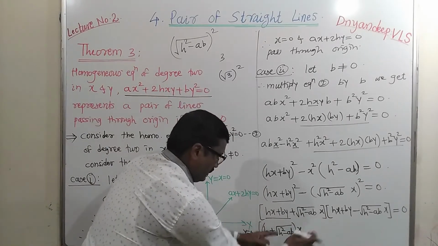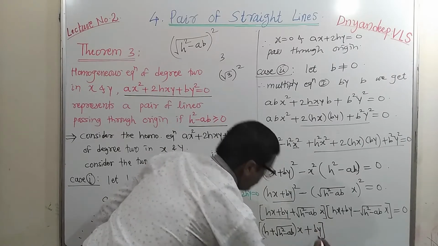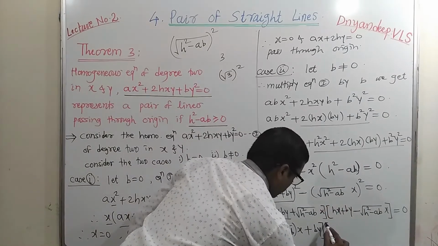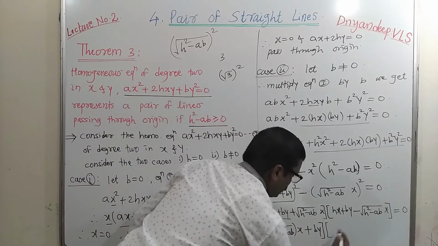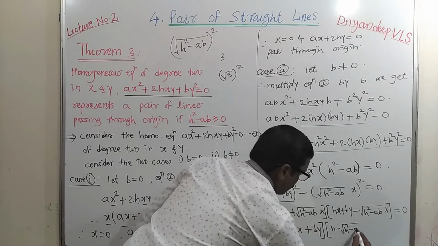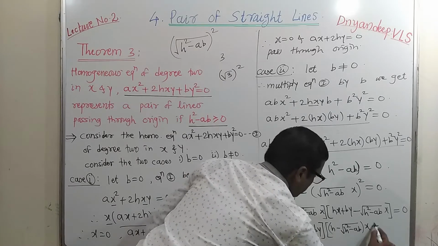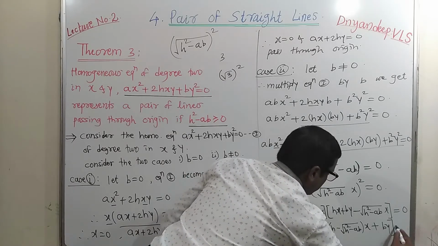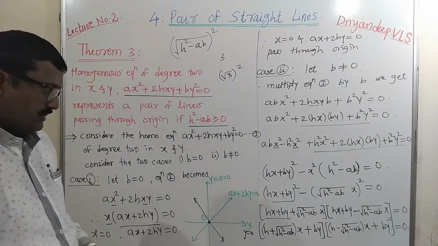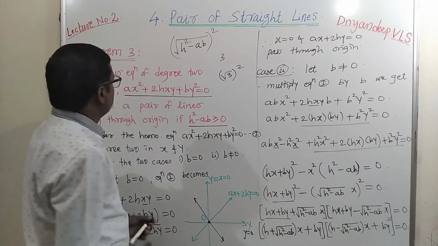We have taken common x here, and the last remains only plus by. This is the first factor. We write the second factor, taking x common, we get h minus root h square minus ab out of bracket x and plus by bracket complete equal to 0. So these are the factors once again in another form.